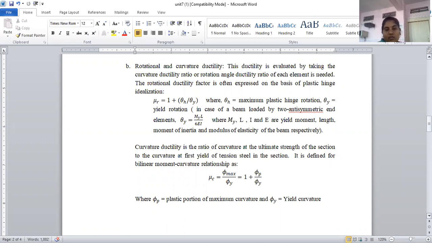This ductility is evaluated by taking the curvature ductility ratio, or rotation angle ductility ratio, of each element.